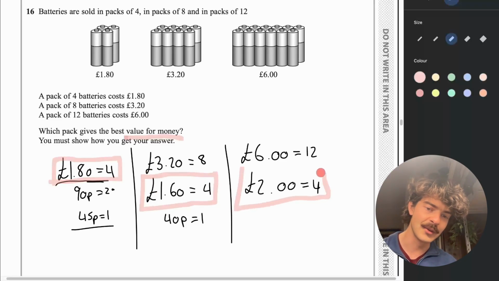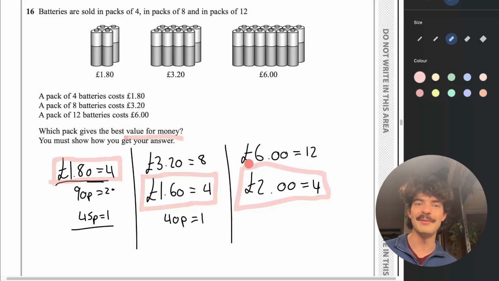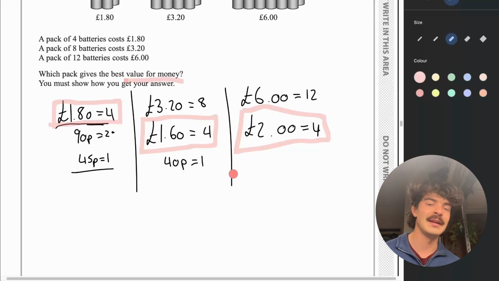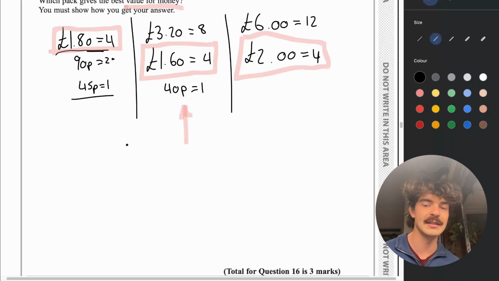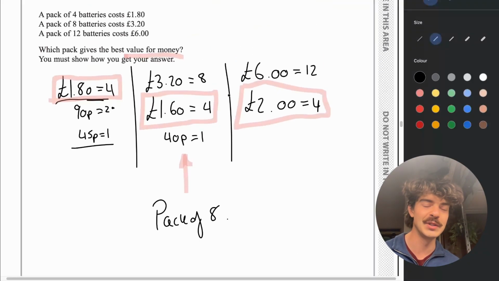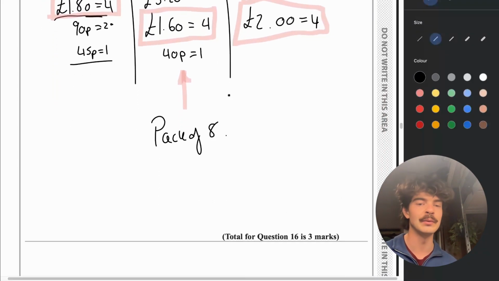You don't actually need to go all the way down to 1 in this question. We can just compare packs of 4, because you know that the one that's cheapest for 4 will be the cheapest for 1, right? Cool. And so in our case, it was the pack of 8. And it's cheapest at 40p per battery, or £1.60 for 4.